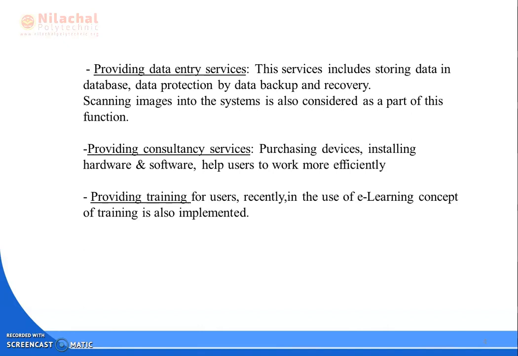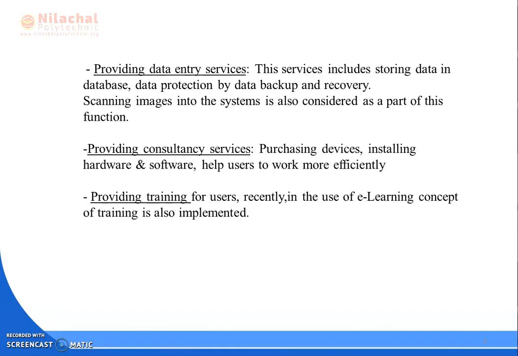It also includes scanning images into the systems. Data entry is one of the most important services in day-to-day life provided by the computer to the organization. We store the data in a specific data structure in our database so that in future we can retrieve the data as per our requirement.